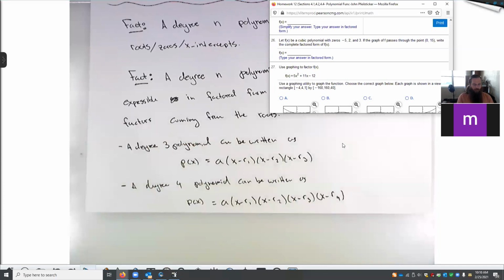Cubic. Who knows what cubic polynomial means? Yes.